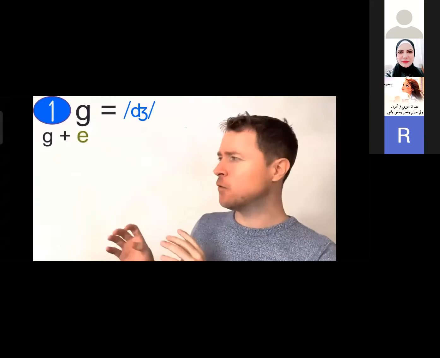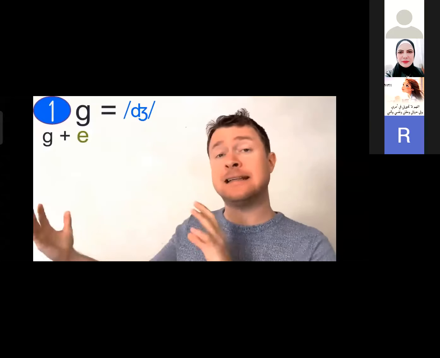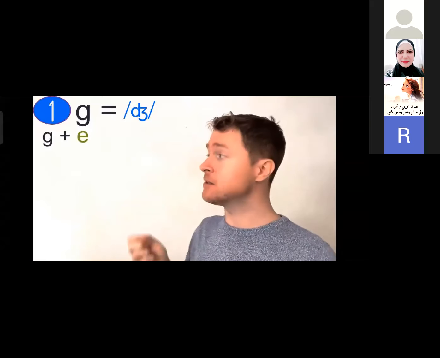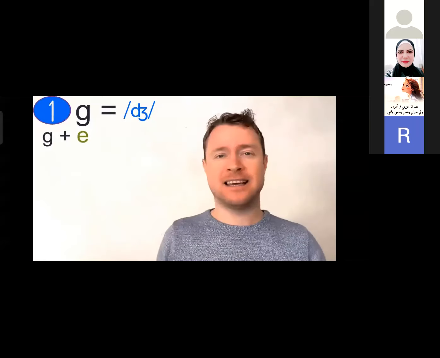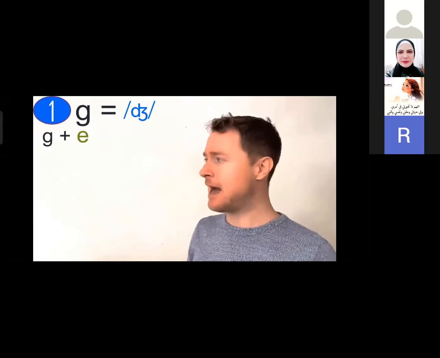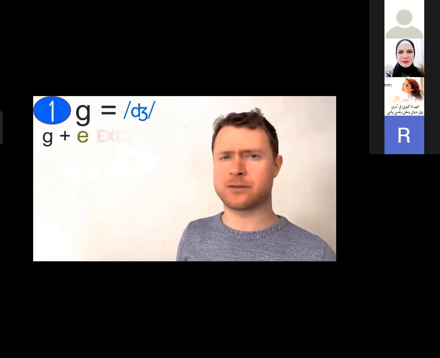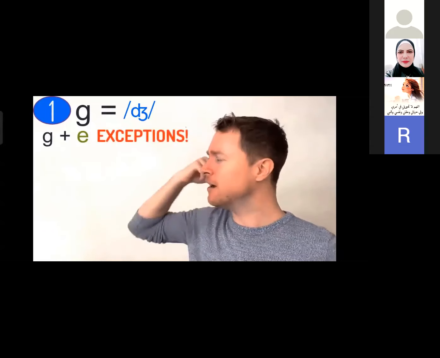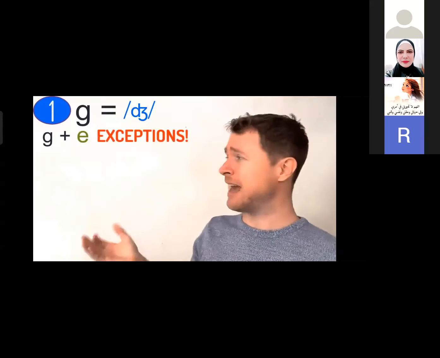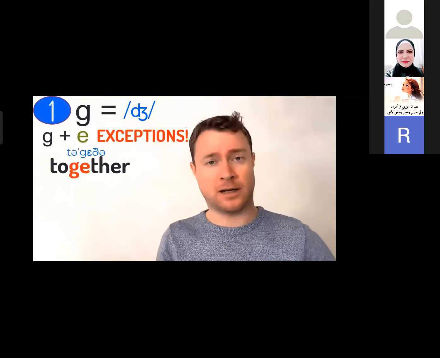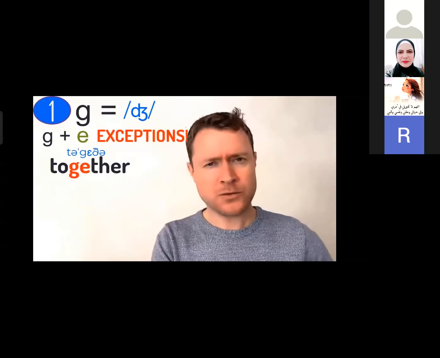Okay, as I said to you, remember that the rule here is that G and E together normally means the G sounds like J. But English is a little bit crazy, and the rule for this has a lot of exceptions. So probably you were thinking, wait a minute, G plus E in the word together, that's not a J, that's a G. Together.